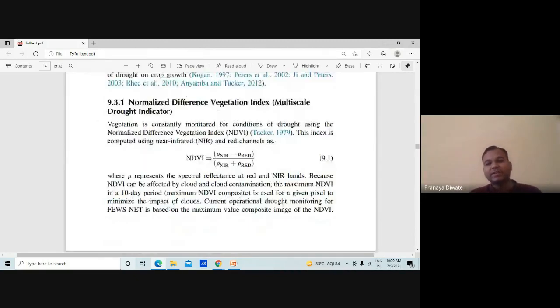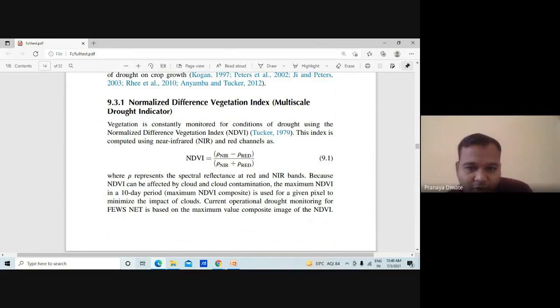One index is the normalized difference vegetation index, NDVI. Another is NDWI, which we saw last time. The normalized difference vegetation index is your first one.